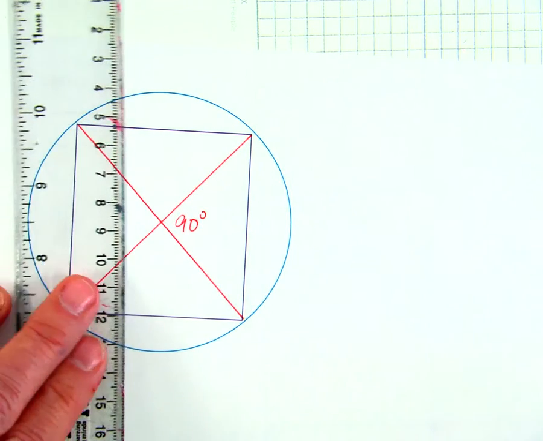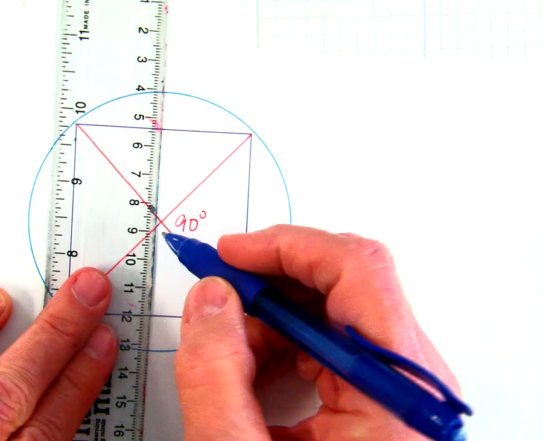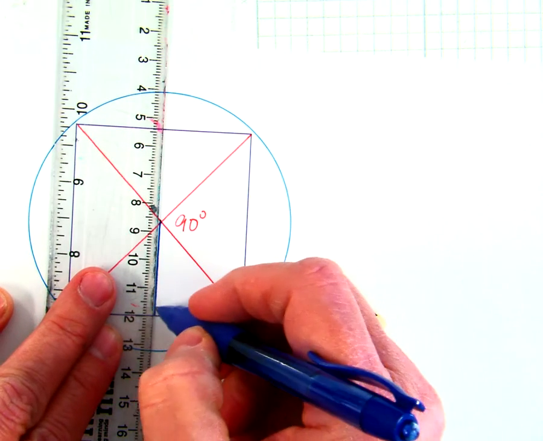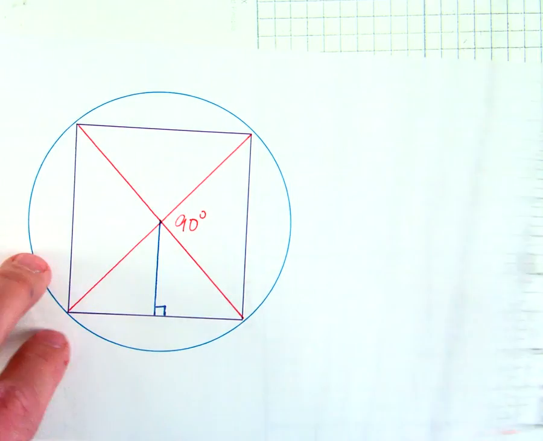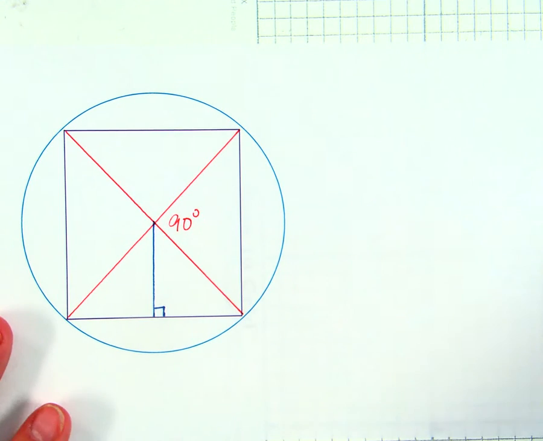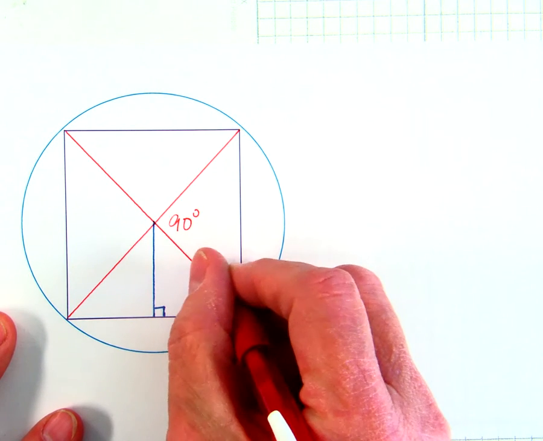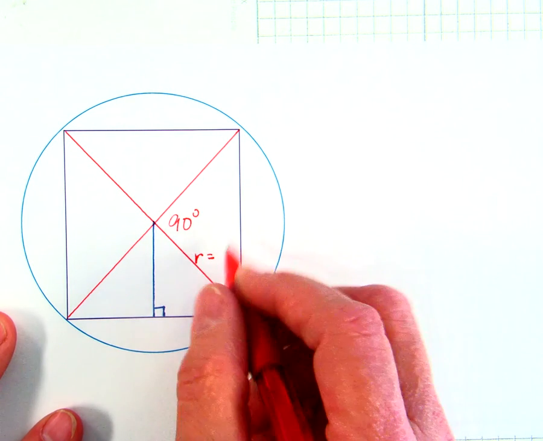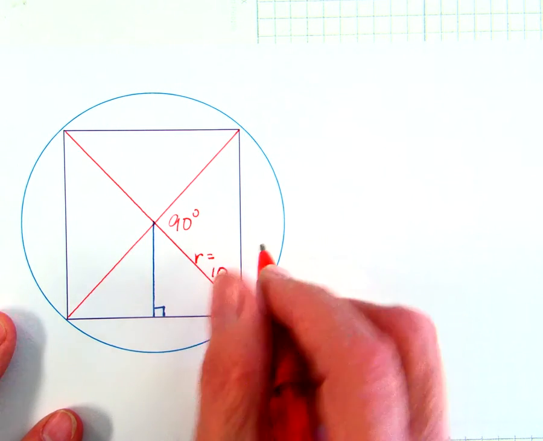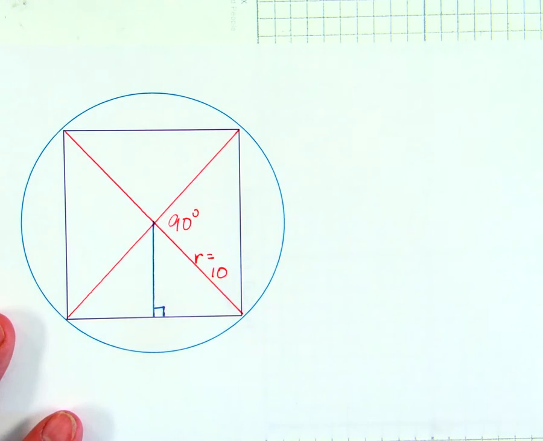I'll draw the apothem. And what we know about this one is that the radius of the circle, the radius of the figure, is 10 units. So go ahead and figure out what this will be.